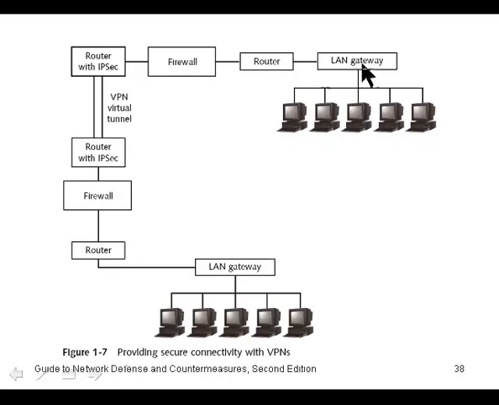And so you have your LAN gateway, your router, your firewall, and then right here is where the virtual private network occurs. Right in here, this could actually be traveling over the internet. And so let's say instead of this over here, you actually only have a single computer. You could have a computer right here that connects to this router with IPsec, which is Internet Protocol Security. We'll talk about that later.